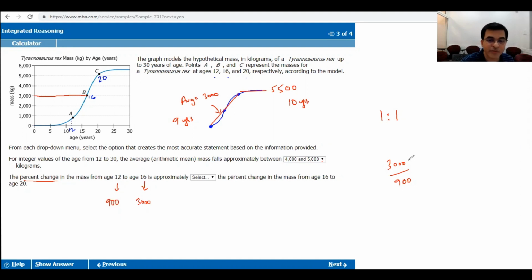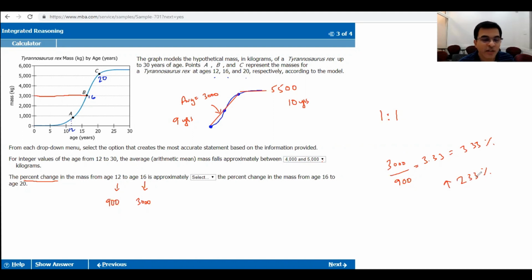So this is giving me 3.33 on the calculator, which is telling me that 3000 is 3.33 times 900, which is 333% of 900. Therefore, the increase is 233%, always 100% less. Okay, if a number is say 150% of another number, it means it's 50% higher. So, or you can do the conventional subtraction.